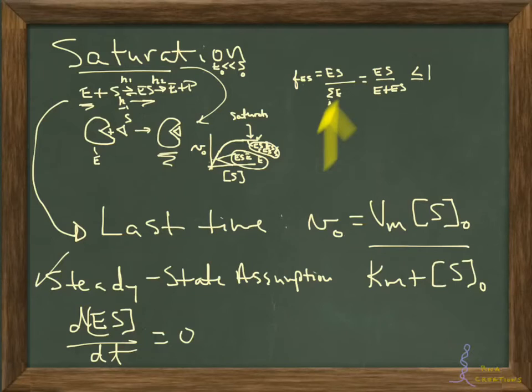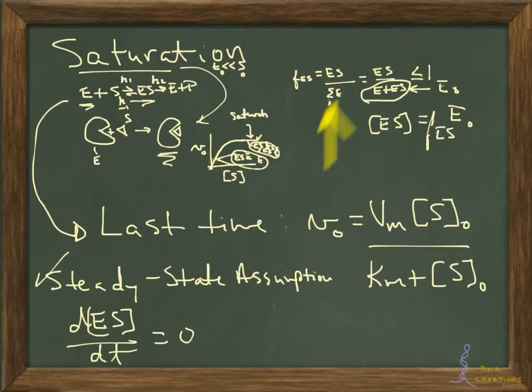You guys see that, right? Okay. So in other words, if I rearrange this, ES is equal to the fraction ES times E naught, where the denominator there is E total.